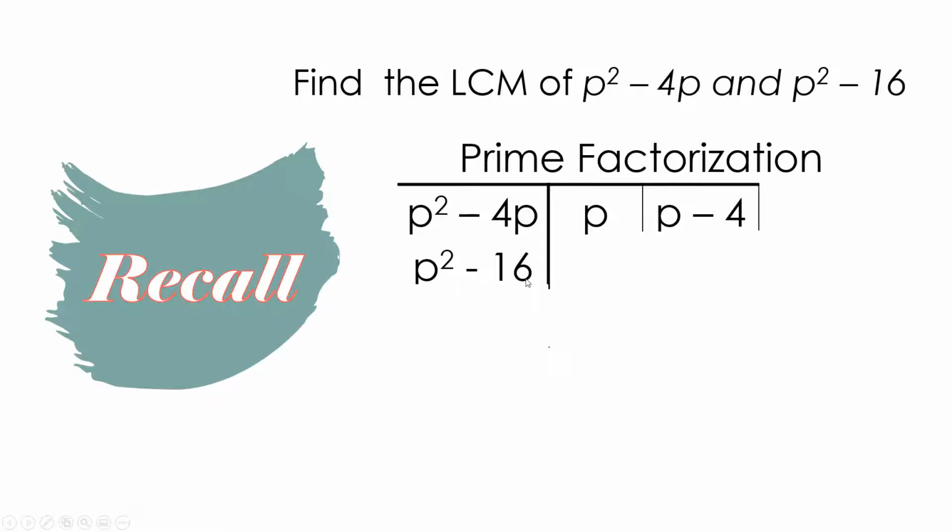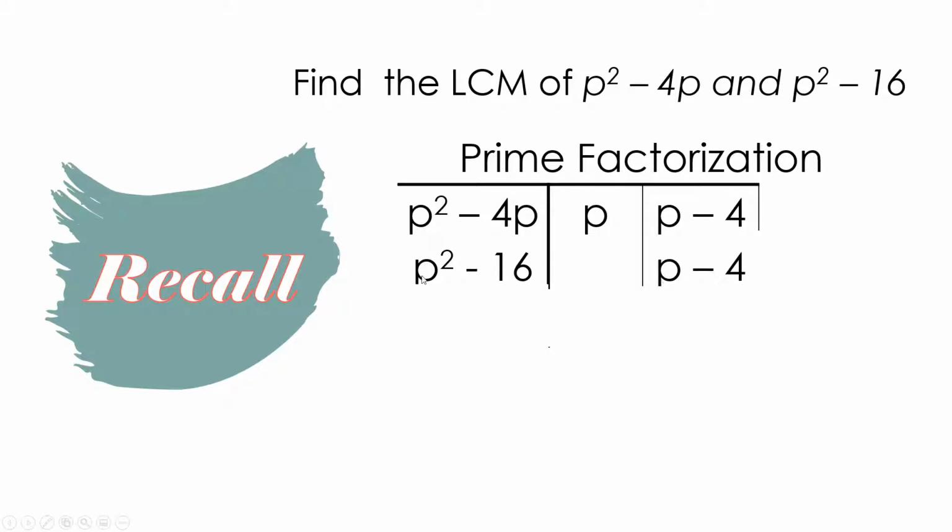So investigate again: p squared and negative 16. Since p squared is a perfect square and 16 is a perfect square, we could have a factor that is a difference of two squares. So, is p minus 4 a factor of p squared minus 16? The answer is yes, so p minus 4.